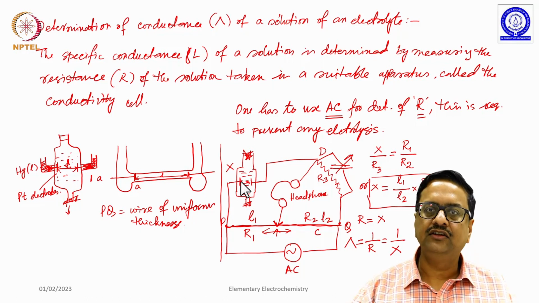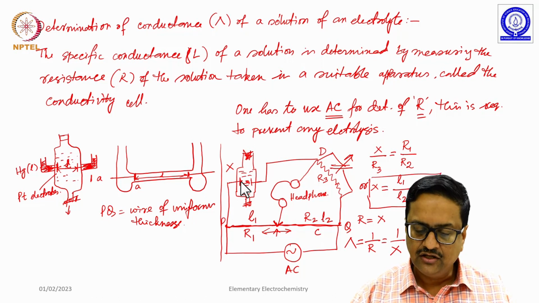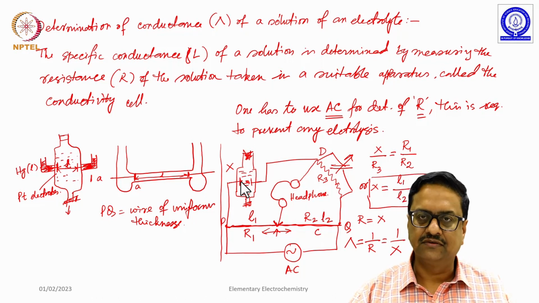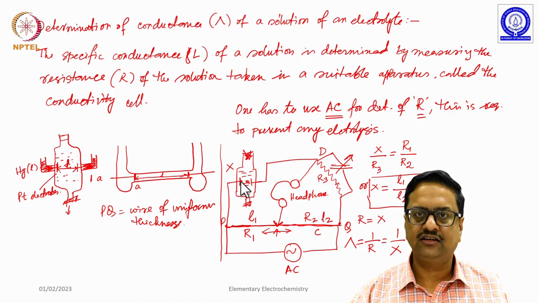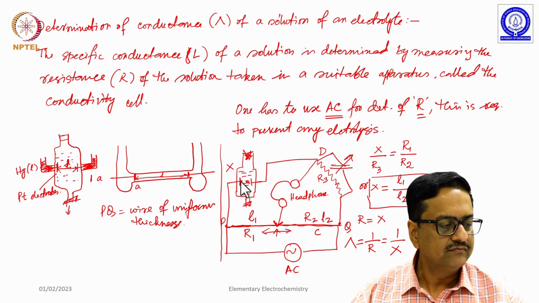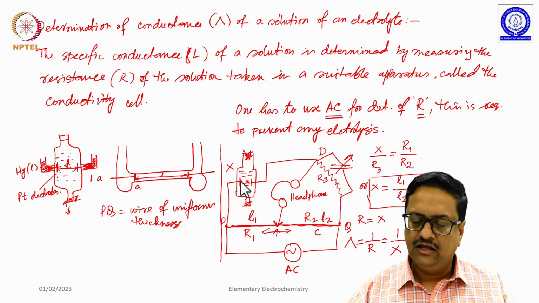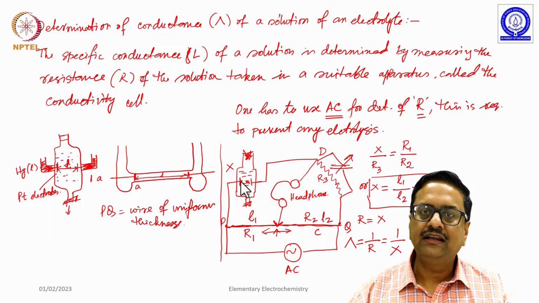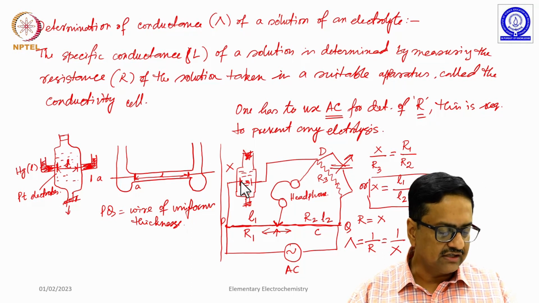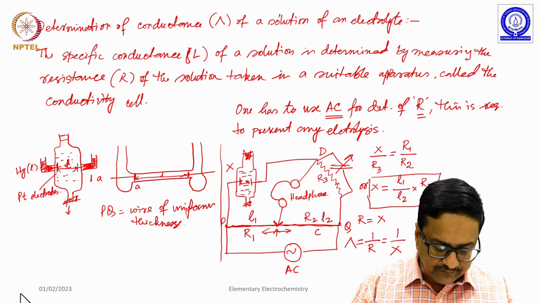One can take solutions of KCl, NaCl, HCl of different concentrations and determine the conductance of each. What we are determining is just the conductance, and this conductance is related to the concentration, so one cannot directly compare the conductances. For that, one has to convert the conductances into the corresponding equivalent conductance.